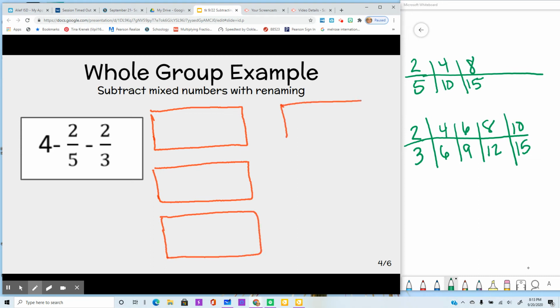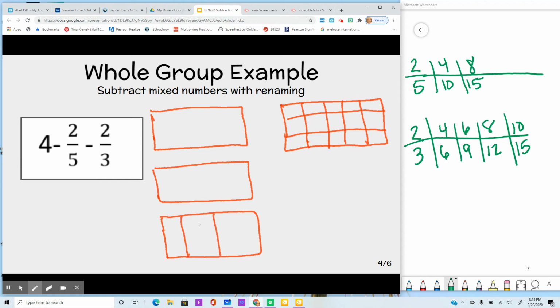Here's my 4 whole. And I'm going to break these up into 15ths because each whole is 15. So let's go do our fifths again. Let's pretend the background is the shaded part because we are using all of the 4 wholes.